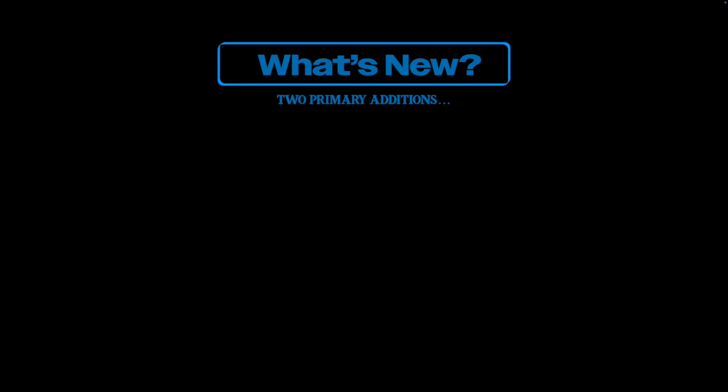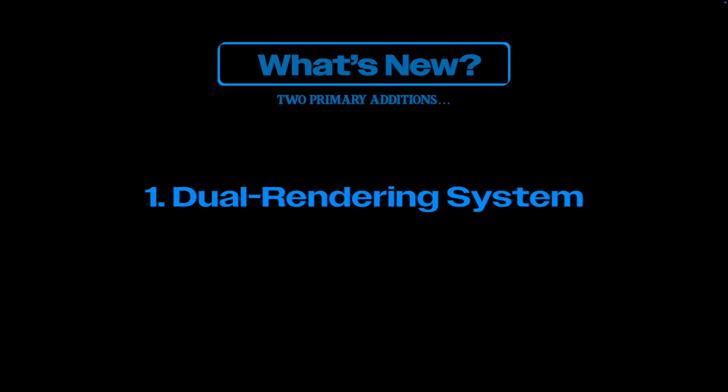Well, there happen to be two primary additions, the first of which is a dual rendering system. Later in the video, I'll go over what exactly this new rendering system is in a more in-depth manner.